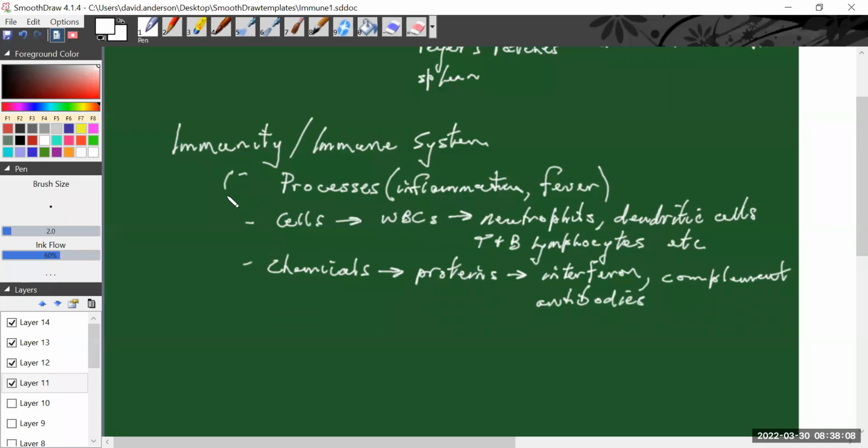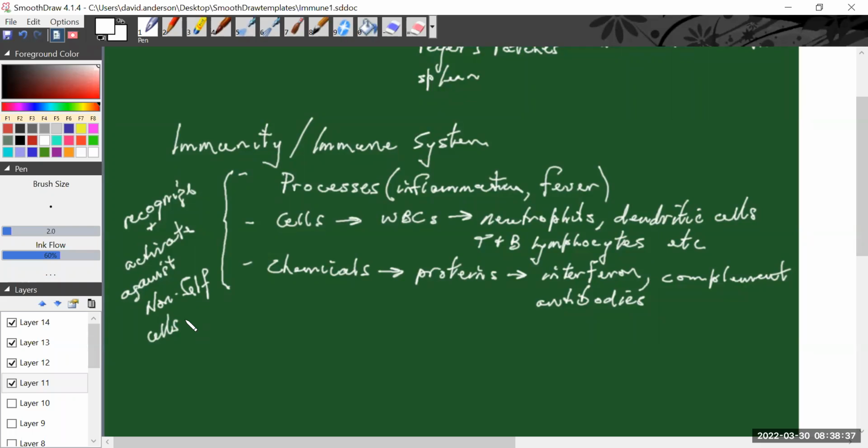Okay, and all of these things work together to hopefully recognize and activate against non-self cells.